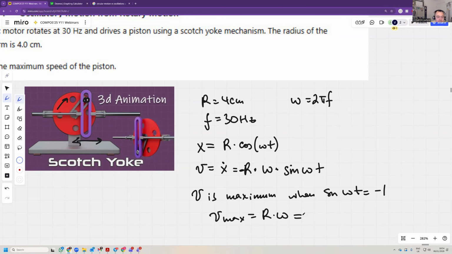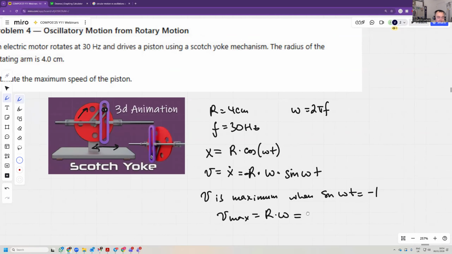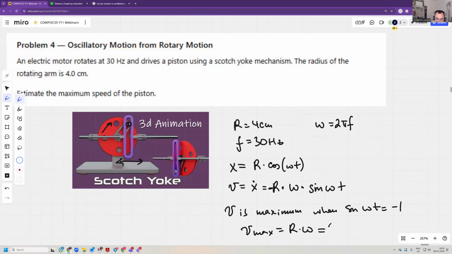Oh, beautiful result. So we just need the radius, which is 4 centimeters, multiplied by omega, which is 2 pi multiplied by f, which is 30 Hertz.